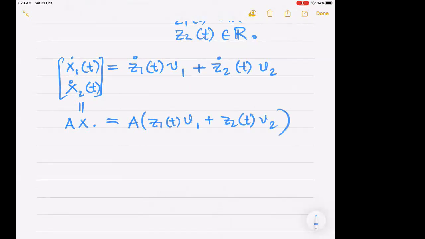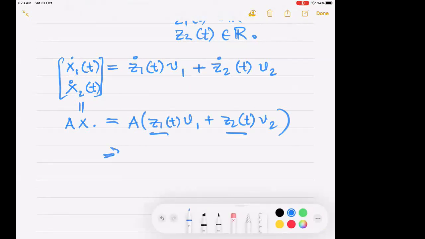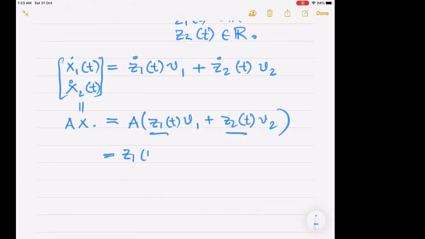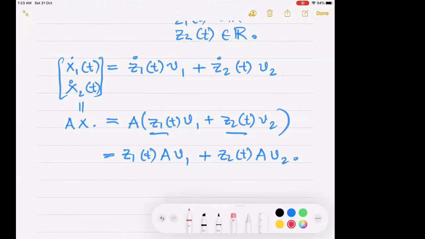But notice that these are scalars, so this A will just distribute over these, and so we'll have z1(t) times A times v1 plus z2(t) times A times v2. Now we add one more assumption to our list.